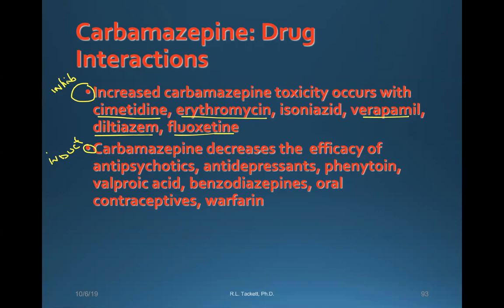Somebody that's on an oral contraceptive with carbamazepine may run into a problem where they are basically not protected. So we many times will suggest they use something other than an oral contraceptive. And of course with warfarin, we have to be careful, if we decrease the effects of warfarin, the individual may be at risk for clotting.